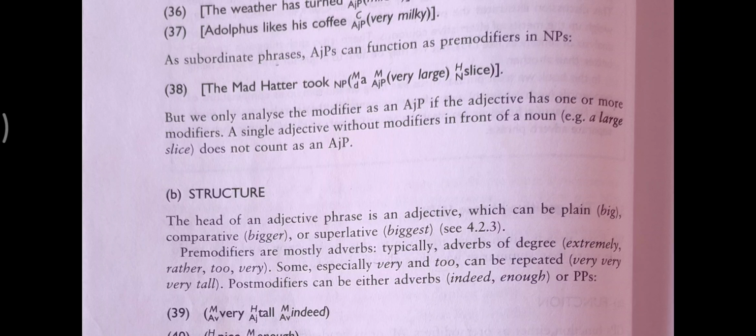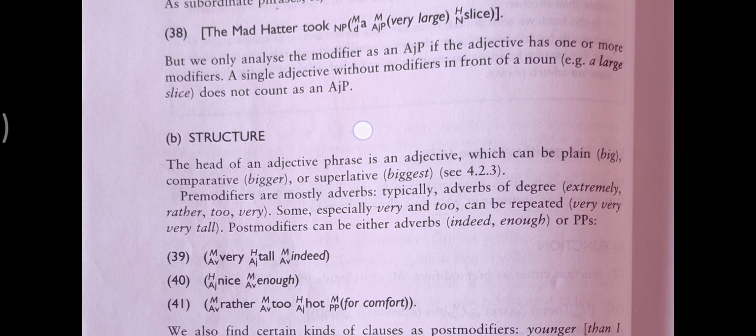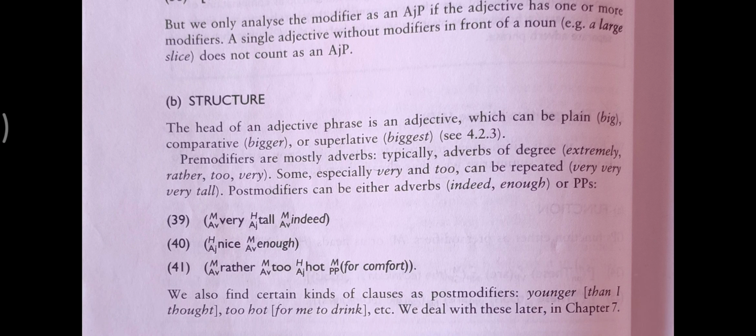Pre-modifiers may also be used, or post-modifiers may also be used, such as indeed or enough. Some pre-modifiers are also adverbs, like very, too, very tall. See the example we find here: very tall indeed.